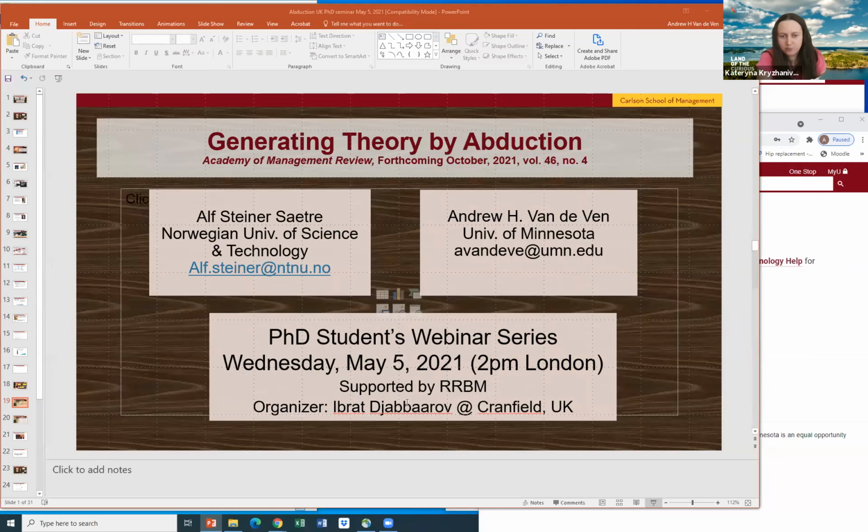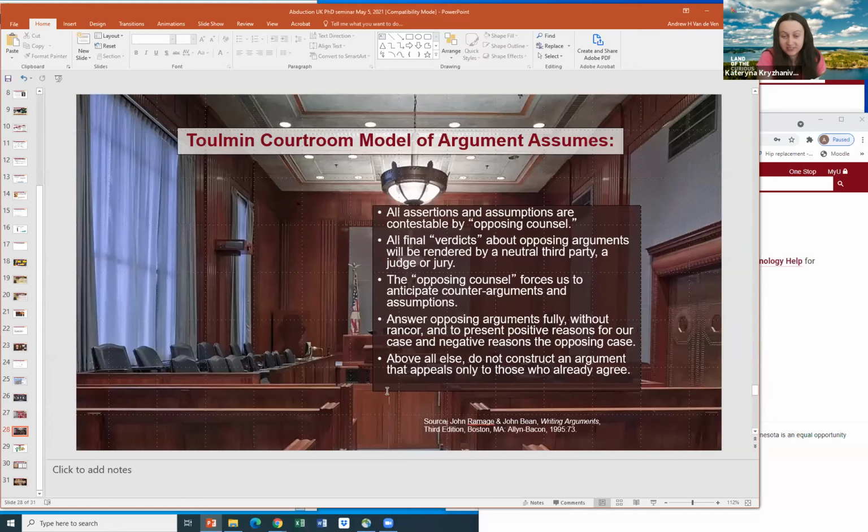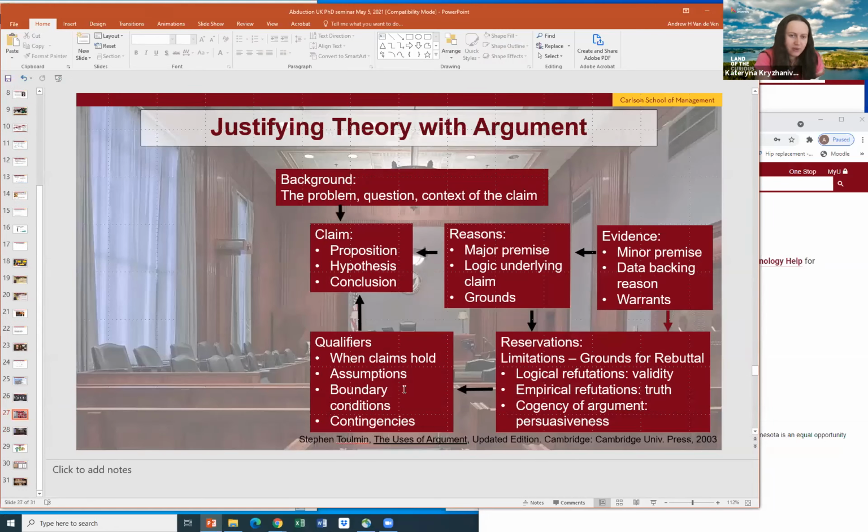But how do you craft your argumentation if you really have collected rich data and you see some patterns and some discoveries in your data? How would you, Professor, craft your arguments then to the reviewers?